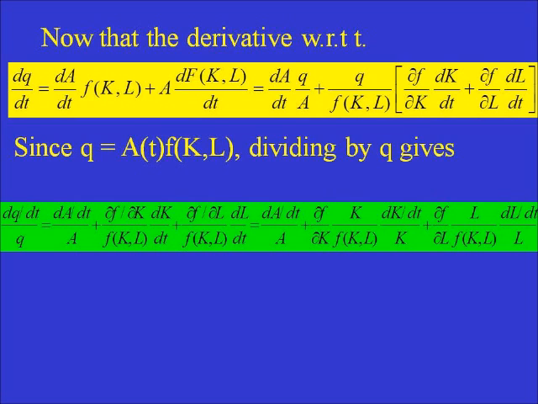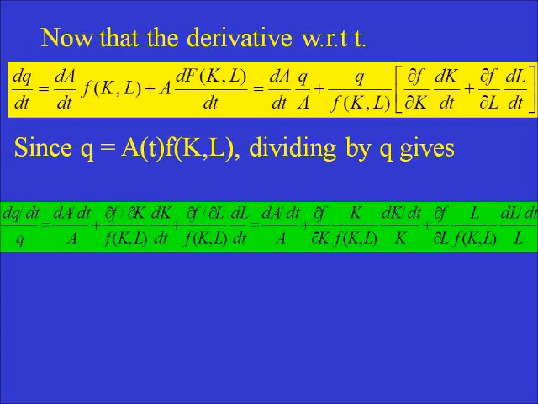Now, with some algebraic manipulation, and noting that Q equals A times F, I can divide the equation by Q, and I get the following. dQ/dt divided by Q is going to equal dA/dt over A. I'm left with A because the F's cancel. Then I get the partial of F with respect to K over F of K and L, times dK/dt.